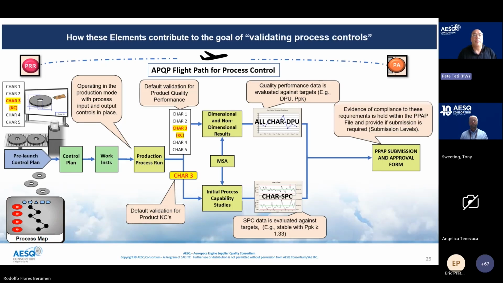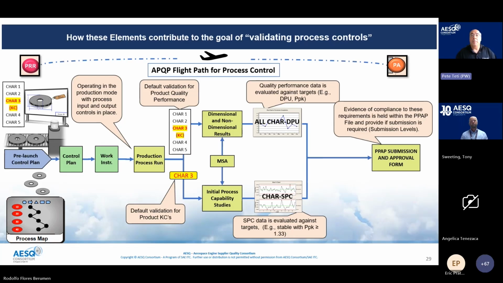Now above dimensional and non-dimensional results, there will be a default validation as well. It might be the use of first pass yield, defects per unit, some type of attribute measurement that tells us if things are operating well. And we'd be looking for evidence of compliance to those requirements.